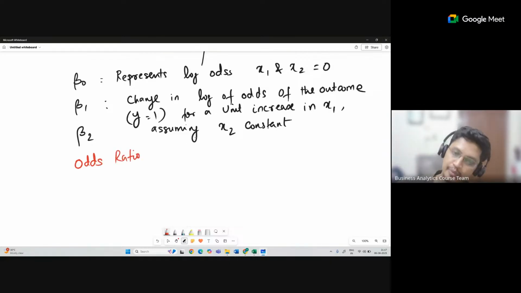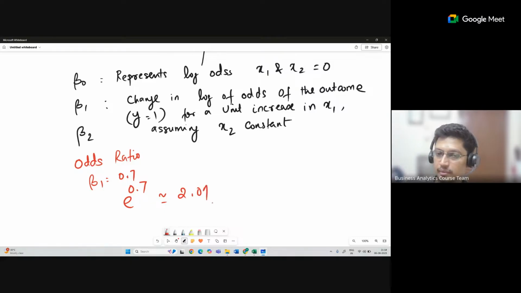So let's say beta 1 is equal to 0.7. How will you interpret this? This is the log of odds ratio. So now take the exponentiation. e power 0.7 is approximately equal to 2.01.